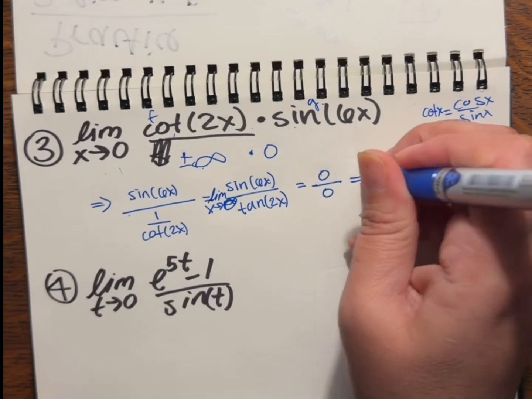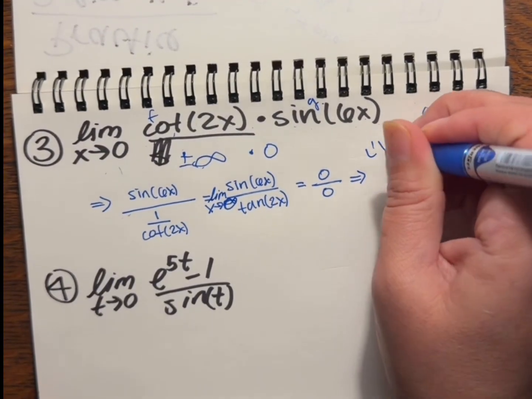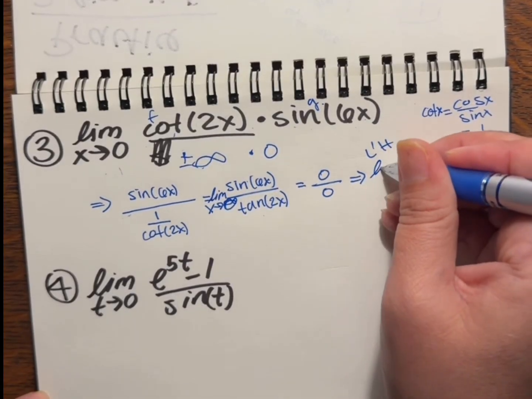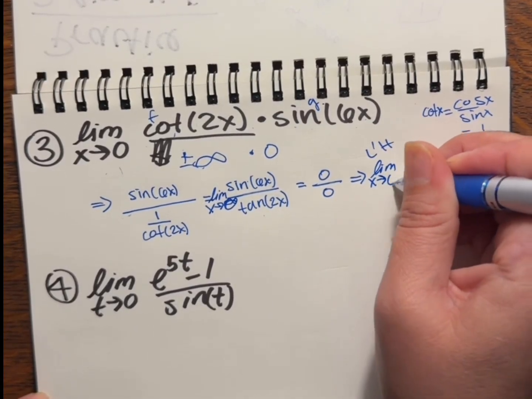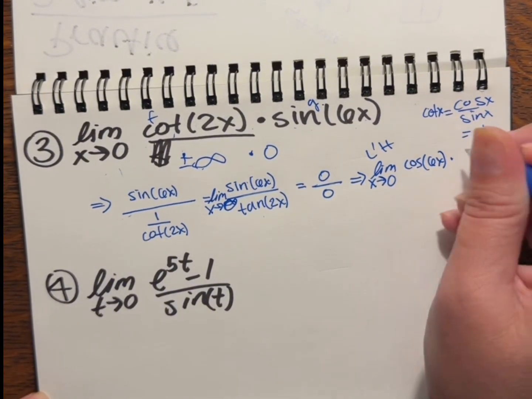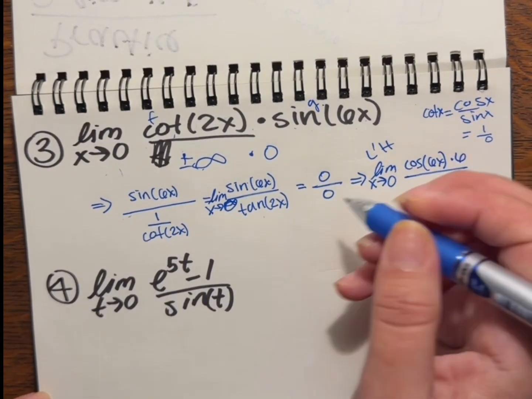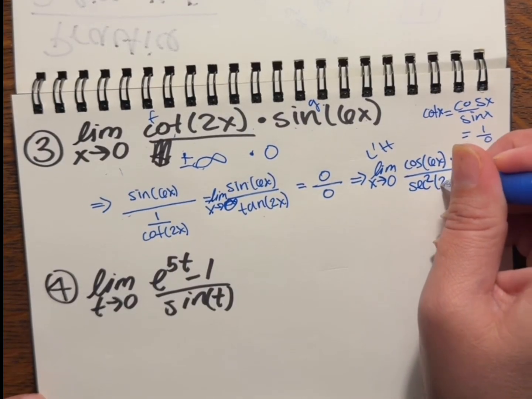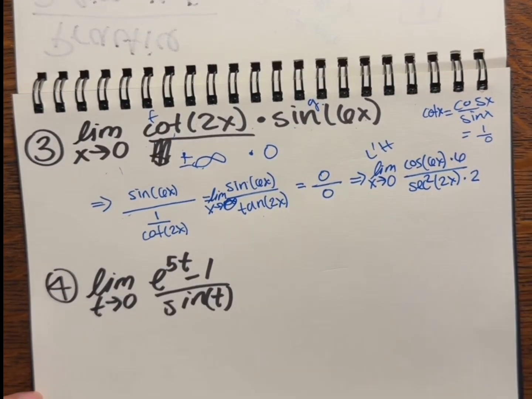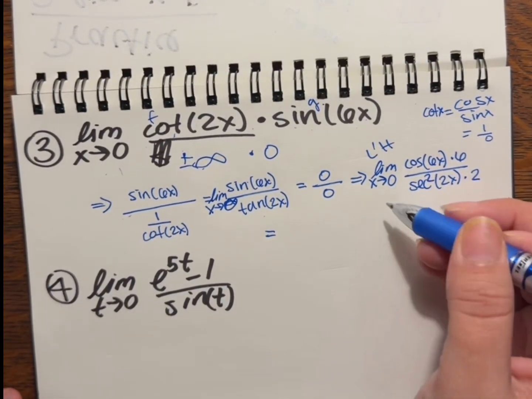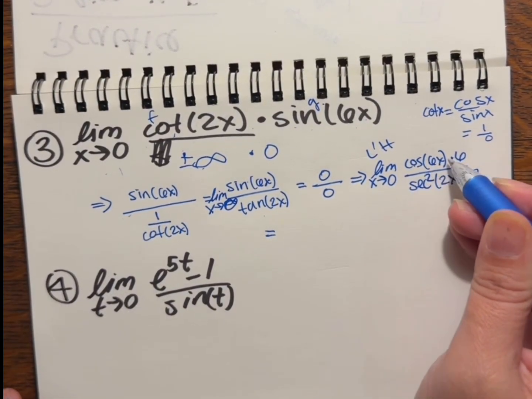And now we could use the L'Hospital's rule and get the derivative of each. So the derivative of sine is cosine. And then using chain rule, we know this is going to be 6. And then the derivative of tangent is secant squared times 2. Okay, and then now, as x approaches 0 here, this is 1 times 6.